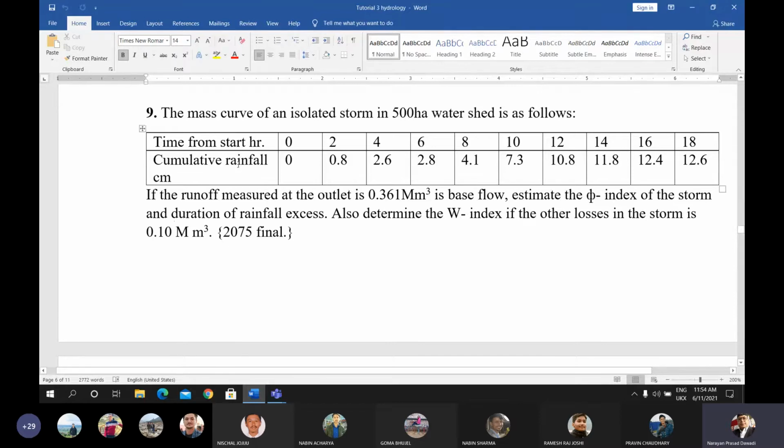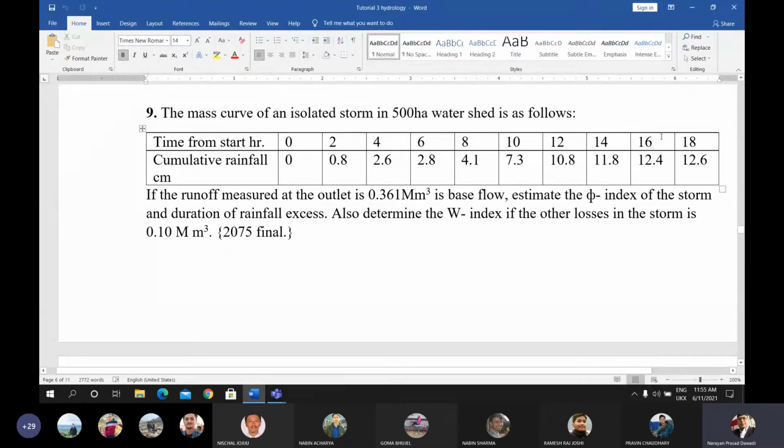From time 0 to 2 hours, the total rainfall is 0.80. From 0 to 4 hours, total depth of rainfall is 2.6 centimeter. For 0 to 6 hours, the total depth is 2.8. This is the cumulative rainfall. So the total rainfall over that catchment during the 18-hour time is 12.6 centimeter.